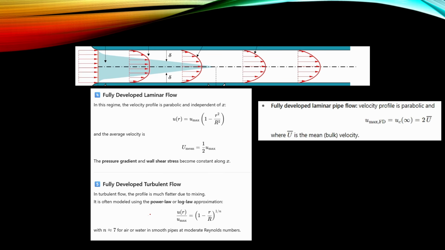If you have a fully turbulent flow, then you can use this power law function to calculate the profile. Here in exponent we have this n, and for air and water you can use n is 7.